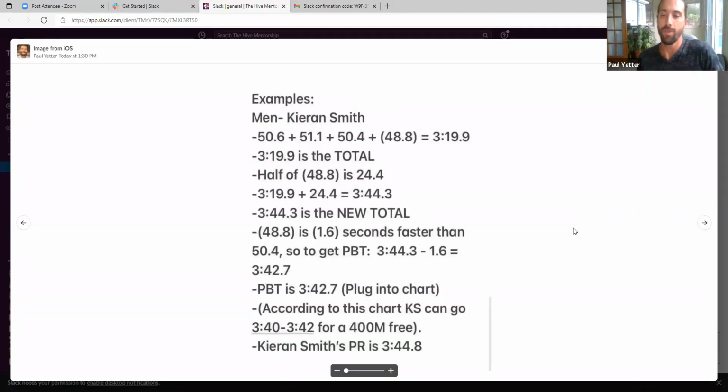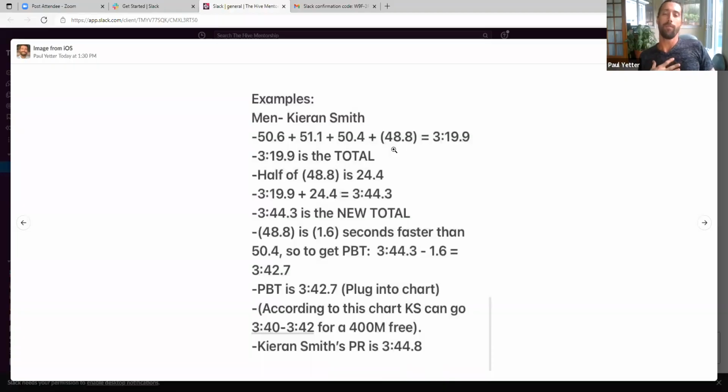So here's Kieran Smith. You add up his last 4: 50.6, 51.1, 50.4, 48.8. The 48.8 is in parentheses because he really came home in 47.8, but I put it in parentheses because I added a second. That's in the procedure part of it. That's how you've got to do it. Then you add all that up.